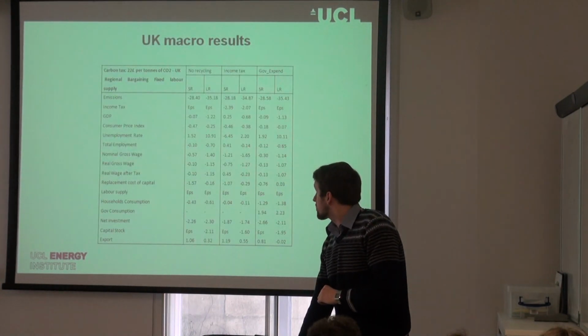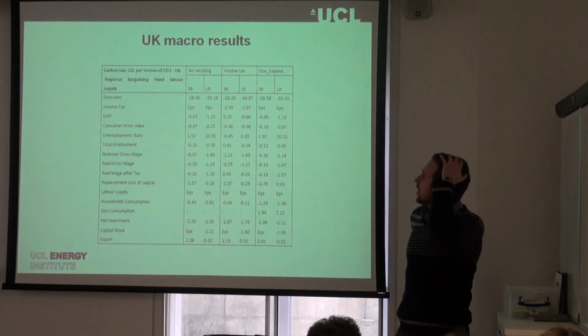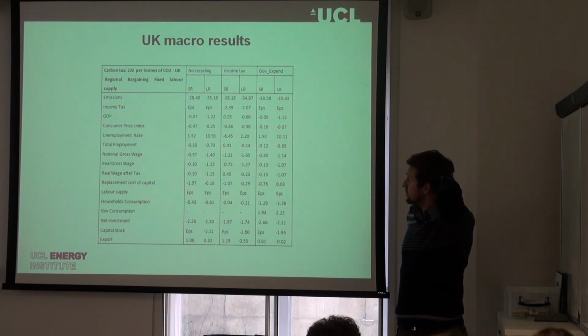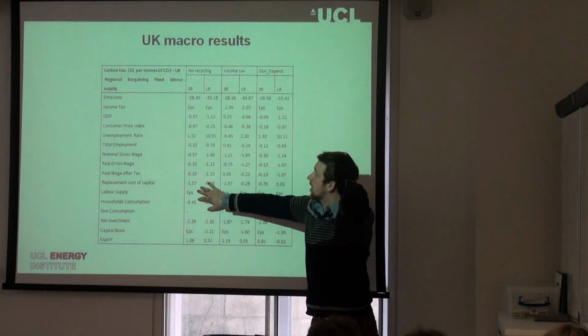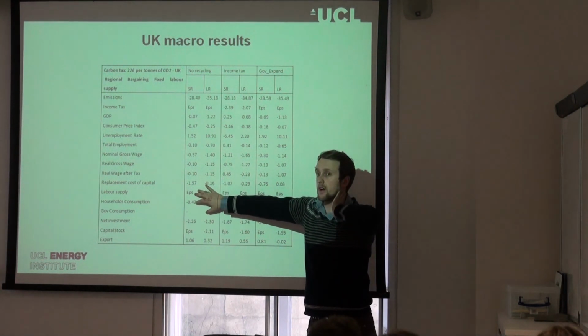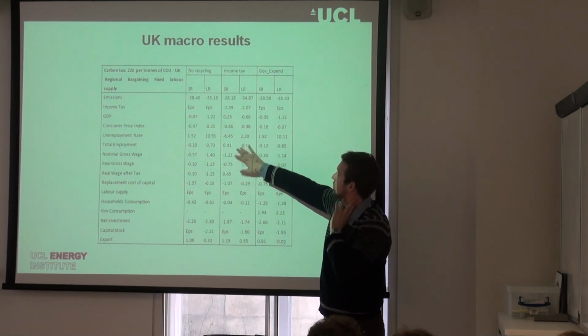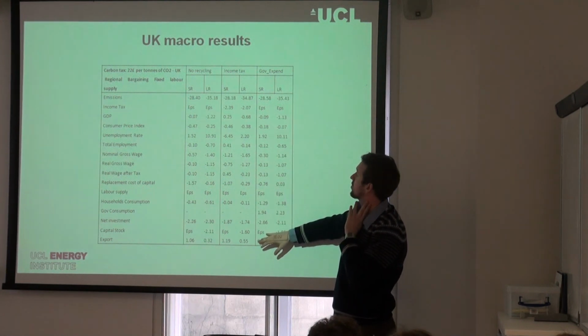So, some results. Here we go. I introduced a £22 per tonne of CO2 carbon tax in the UK, and these are the three cases. This is where the revenues are externally recycled. This is where they're recycled through a reduction in income tax, and this is where they're recycled through an increase in government expenditure.